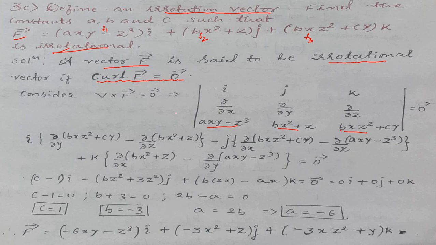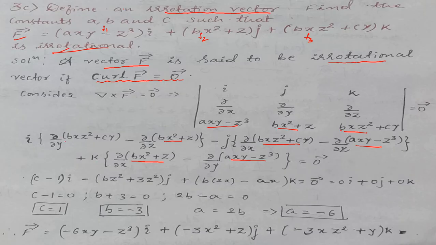Just go with the determinant expansion: i times del by del y of this term minus del by del z of this, minus j, as you know in the expansion of a determinant, alternate sign, minus j times del by del x of bxz square plus cy minus del by del z of this term, plus k times del by del x of this minus del by del y of axy minus z cube, equal to 0 vector.